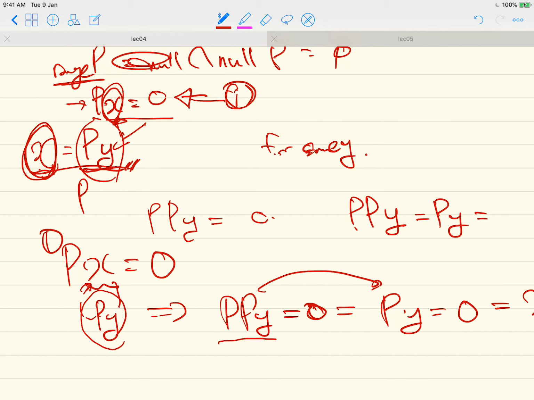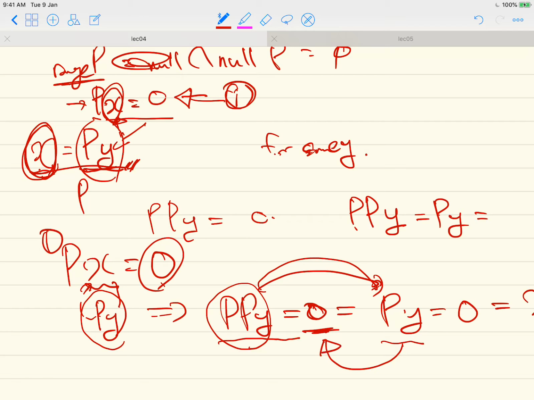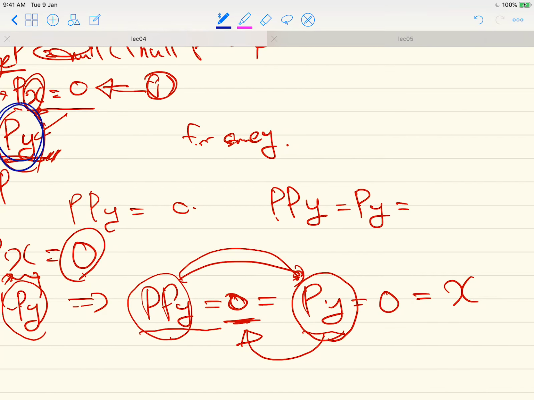And then P times P is actually P, and so Py is equal to 0, right? And then what was Py? Py is x, which is our starting vector x chosen from the null space. So this guy is x, and thus we obtain the conclusion that x is the 0 vector.